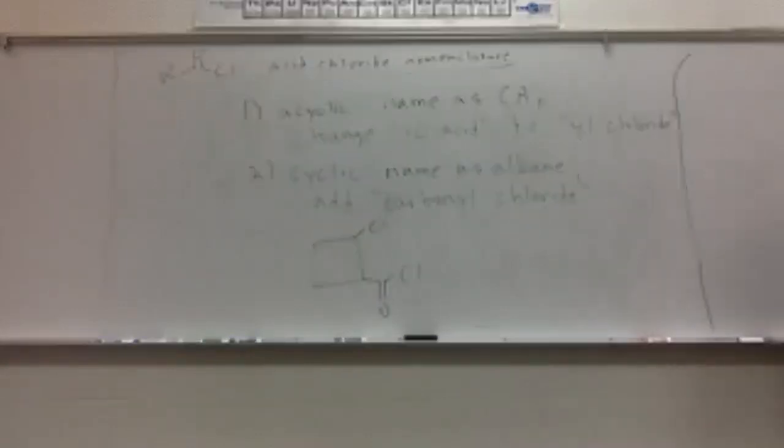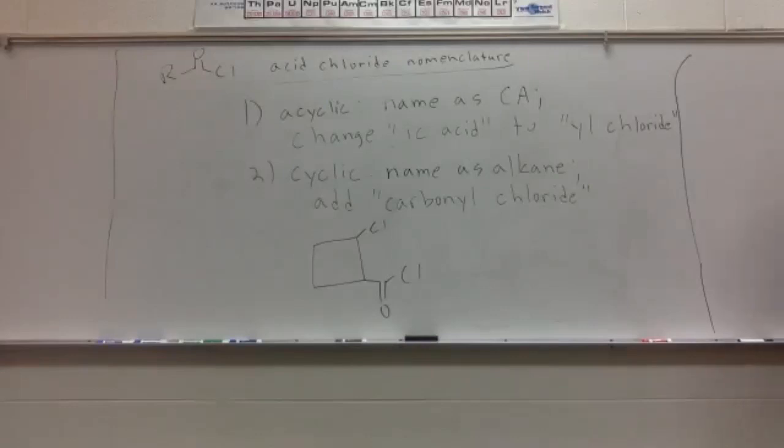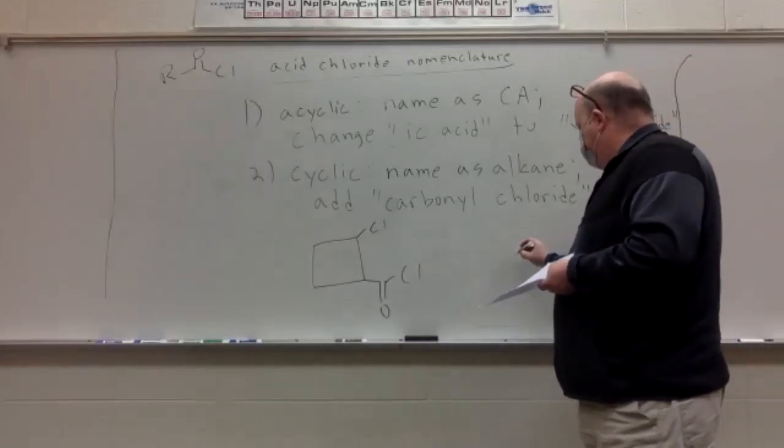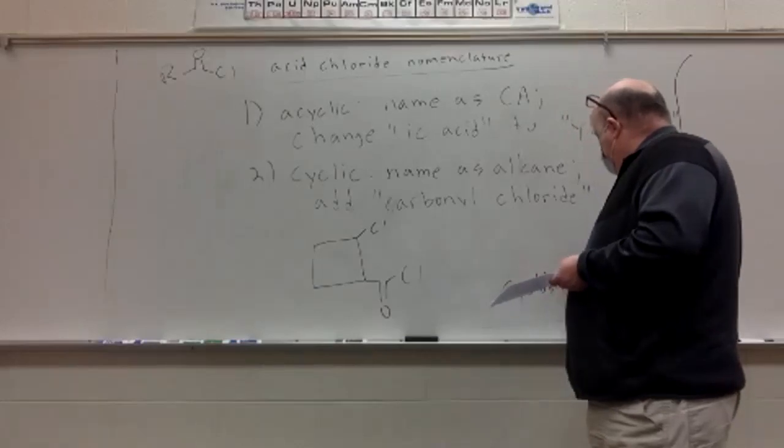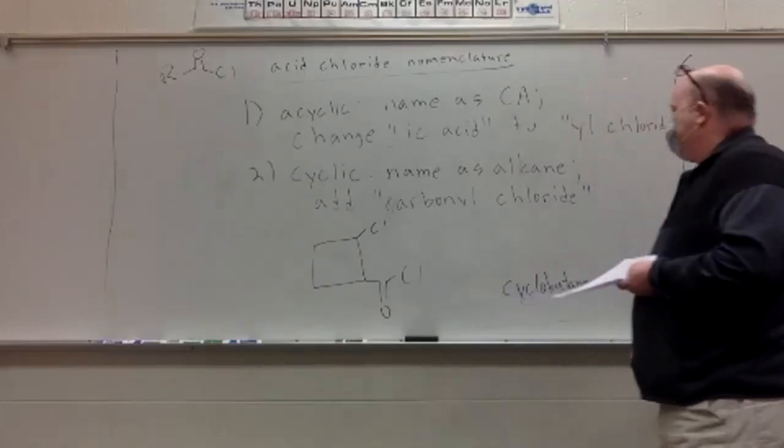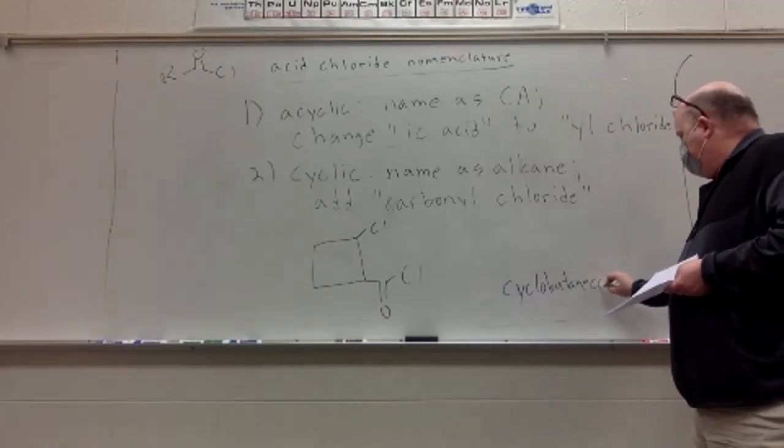Very close. Butane carbonyl chloride, not quite, but very close. Cyclobutane carbonyl chloride. Yeah, since it's a cycle. Cyclobutane is the name of the parent ring. Then we add carbonyl chloride.